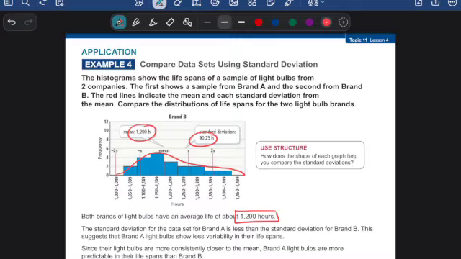For brand B, our data will be farther away from the mean. One standard deviation is a lot farther away from the mean. So brand B is not going to be as reliable. There is more variability with brand B. So if you want to have a reliable light bulb, you know you want to get as close to 1,200 hours as possible, you should buy brand A.